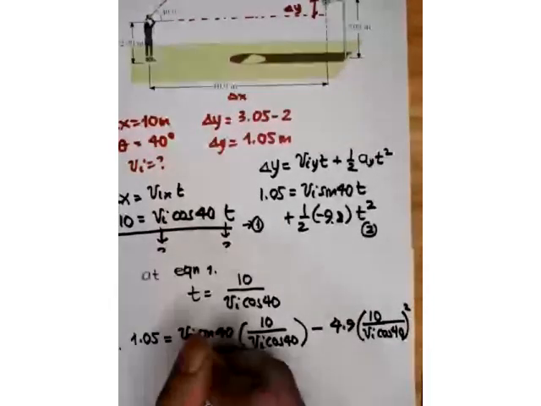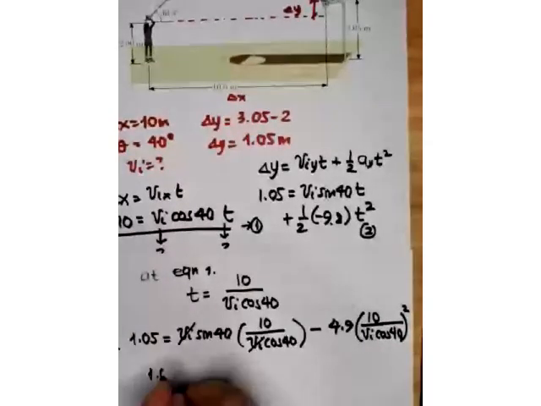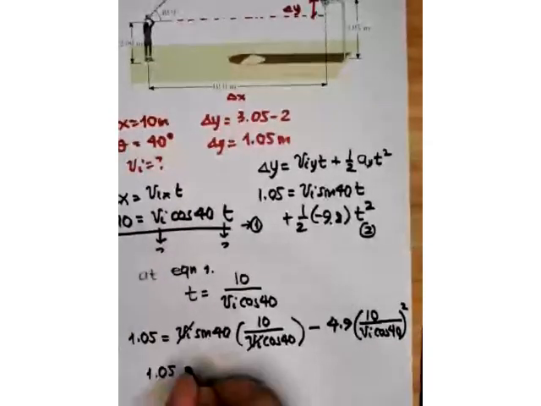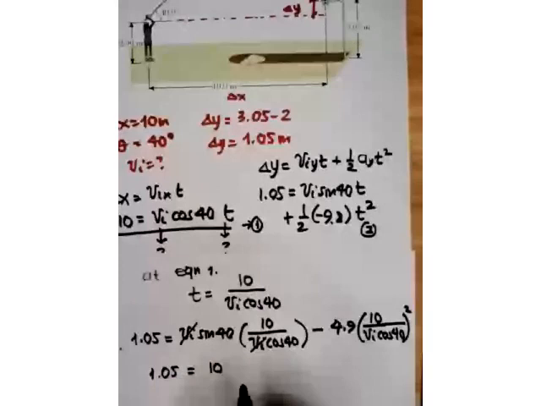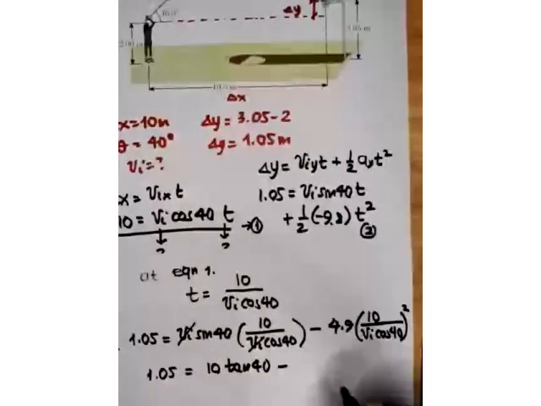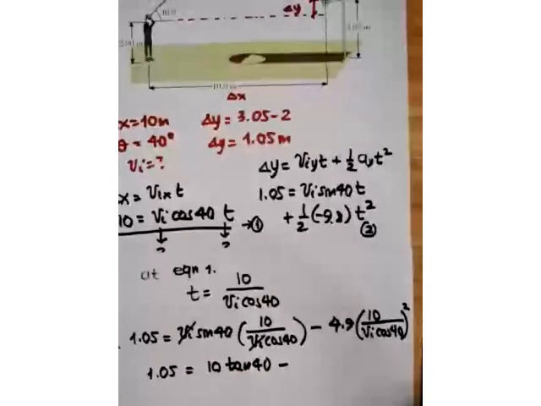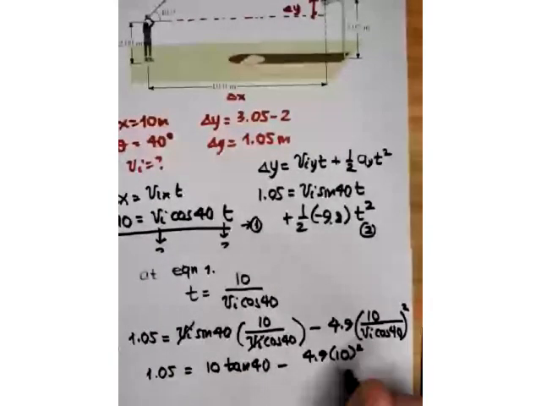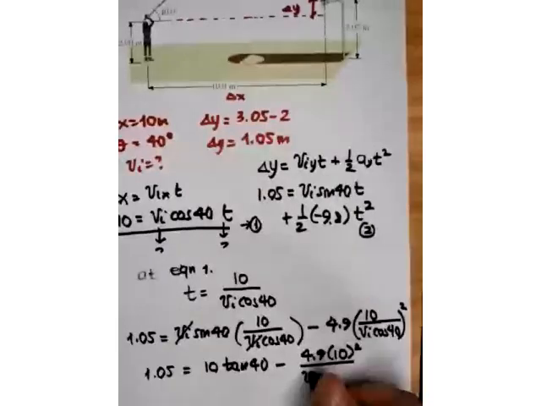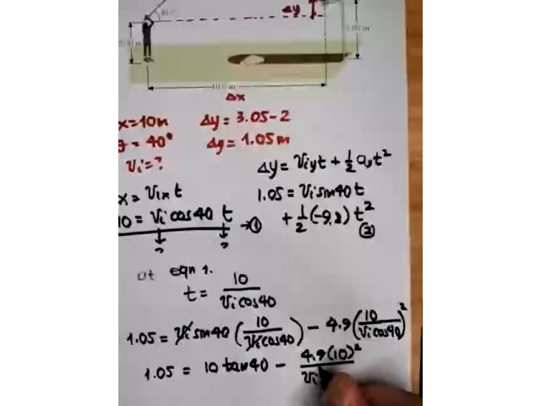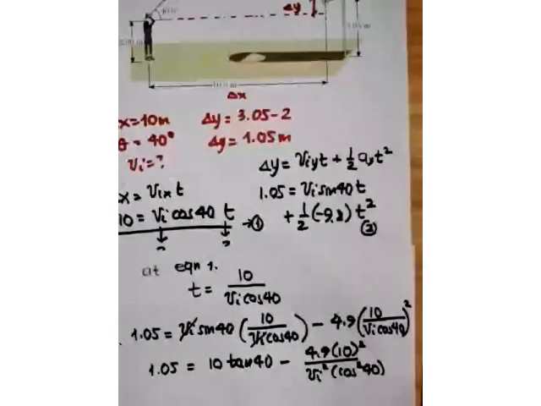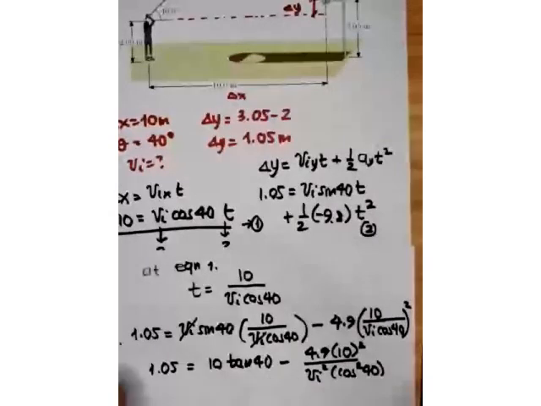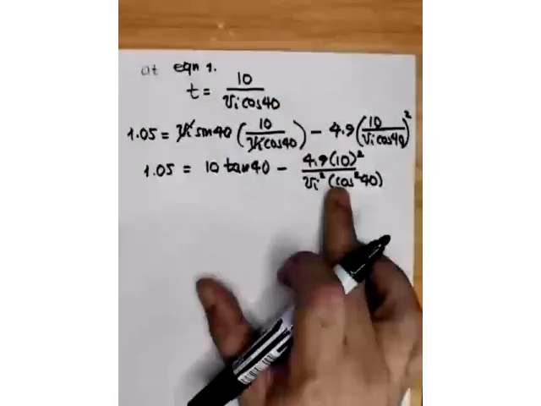Let's cancel this. We have 1.05 is equal to 10, but sine over cosine is tangent, so tangent 40, minus 4.9 times 10 squared over VI squared times cosine squared 40. Let me swap these two, because that's where our VI is.